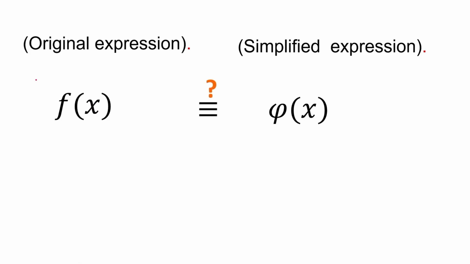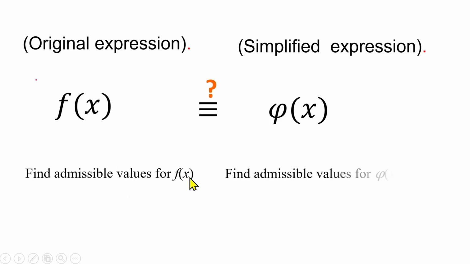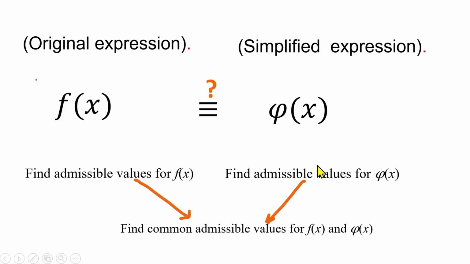To give the answer, we need to find admissible values of x for the original expression and the same for the simplified expression. And then to find common admissible values of x for these two expressions. After we found these common values, we can remove this sign and state that this simplification is valid for the common admissible values which we found.